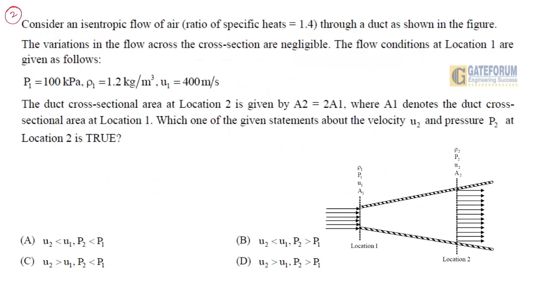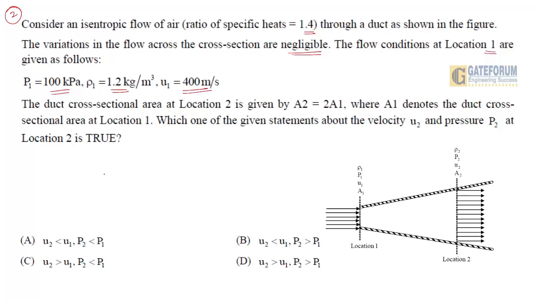Consider an isentropic flow of air with a specific heat ratio of 1.4 through a duct as shown in the figure. The variation in the flow across the cross sections is negligible. Flow conditions at location 1 are: pressure at inlet 100 kilopascal, density 1.2 kg per meter cube, velocity 400 meter per second.